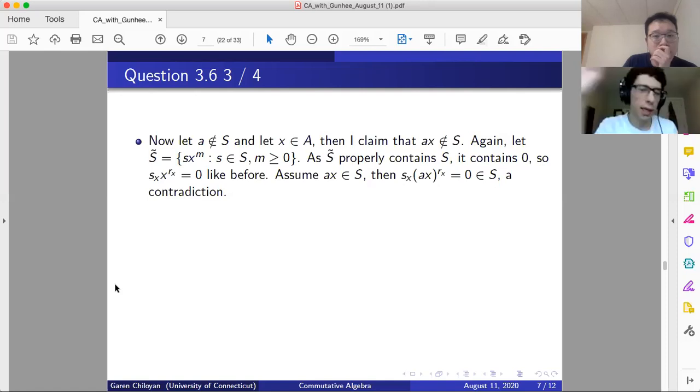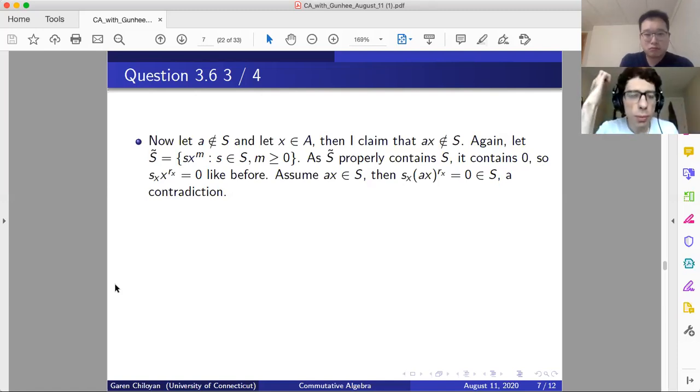You do the same exact thing. If you do, you see that S tilde again contains a 0. So some Sx and some power Rx multiply together to get you 0 like before.